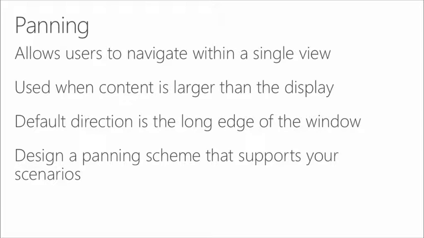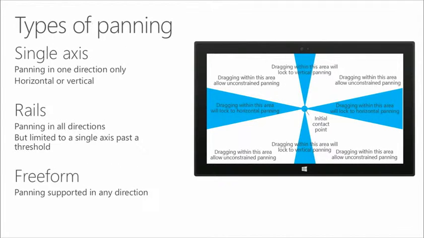But of course, you have to think about the design of your app and what makes sense for your app, how you implement panning. But there are some things you have to keep in mind when implementing or designing that. So there are different types of panning. Of course, there's single axis panning, so you only do horizontal panning or only vertical panning.